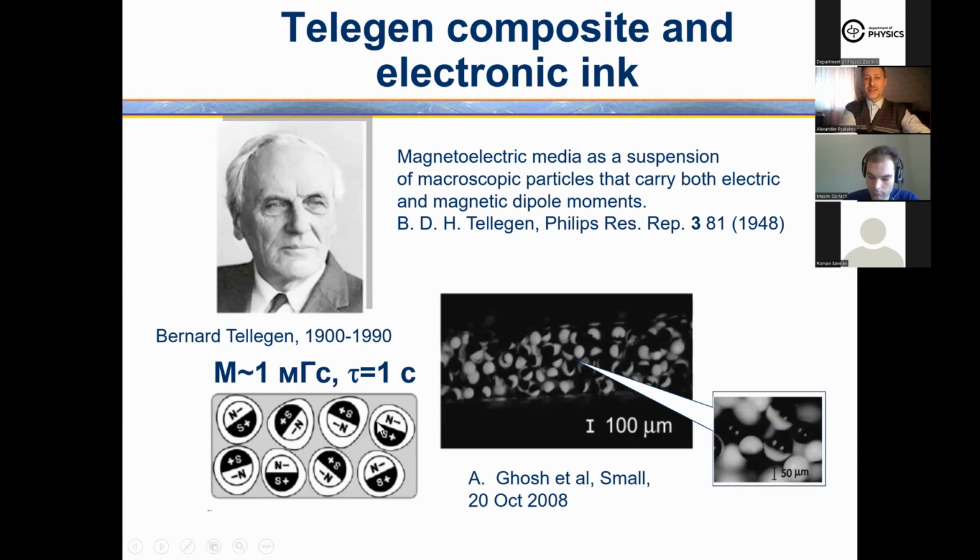So, for example, this so-called Gyricon particle with black and white hemispheres. It's a kind of ink, electronic ink in electronic books. But when you mix a magnetic particle in it, you can polarize it in an electric field and make a special composite magnetoelectric medium. Very simple, very similar to the original Bernard-Tillingen idea.